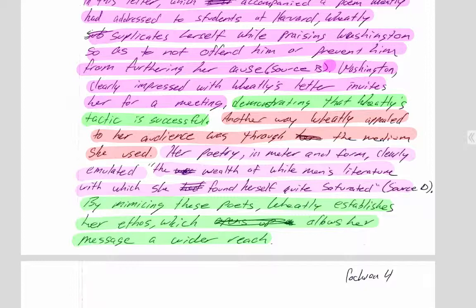So she's using their meter, their method of getting messages across. She's using their style to build that readership. By mimicking these poets, Wheatley establishes her ethos, which allows her message a wider reach.